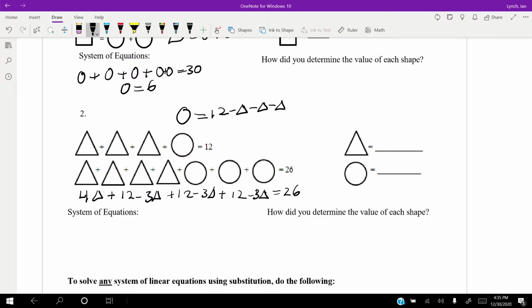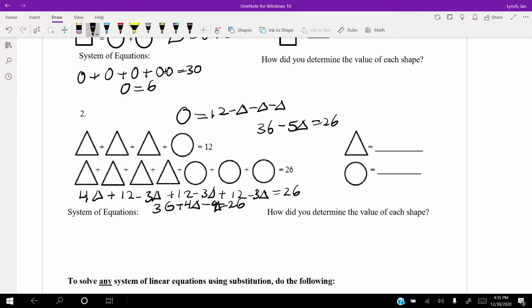Okay, so now I've got 36 plus 4 triangles minus 9 triangles equals 26, which means I have 36 minus 5 triangles equals 26.